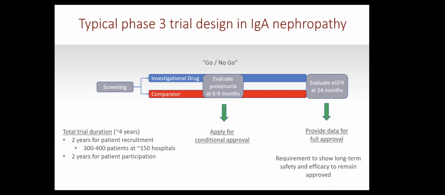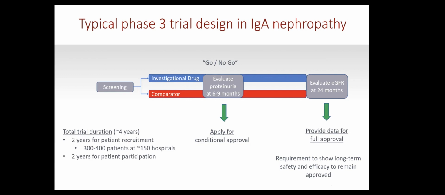But there comes a commitment to conditional approval. It's only conditional. It's on the condition that we continue the trial and show long-term efficacy and safety. And that's where we will have to show the benefit on eGFR at 24 months for the drug to remain approved.